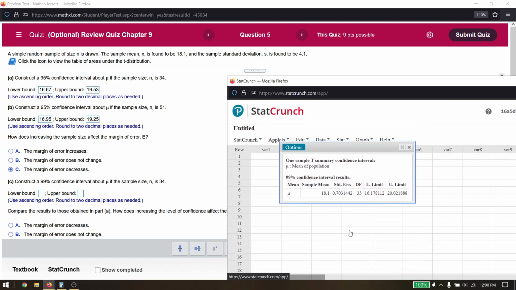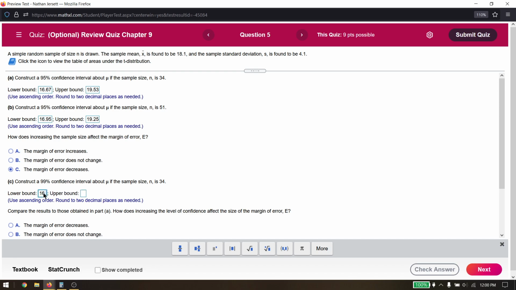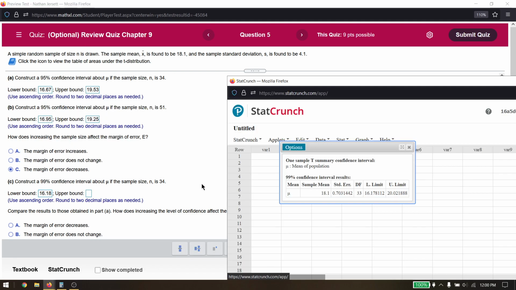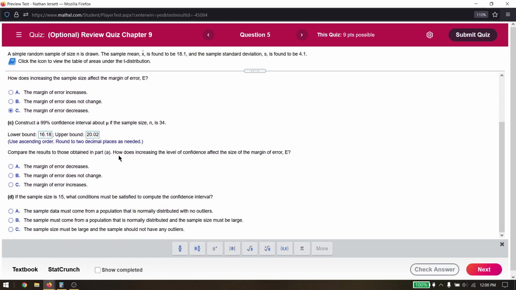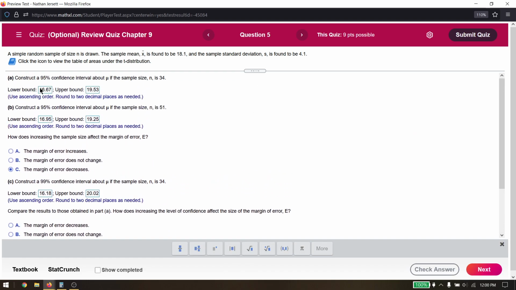And now we have a lower limit of 16.18 and an upper limit of 20.02.